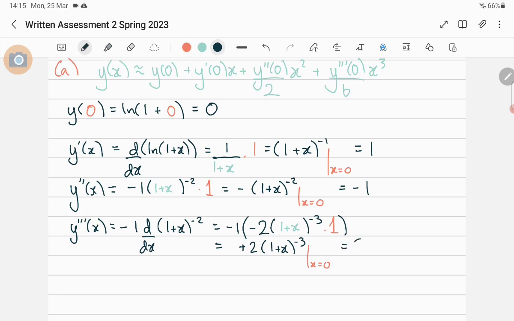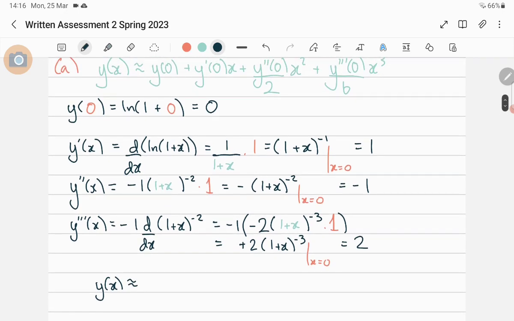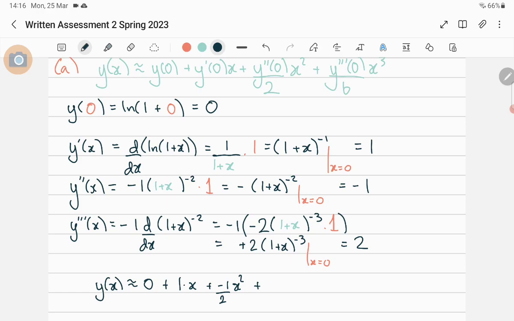So now I'm going to use the formula up the top. So y of x, which is log of 1 plus x, is approximately y of 0, which is 0, plus the first derivative at 0, which is 1, times x, plus the second derivative at 0, which was minus 1, divided by 2 times x squared, plus finally the third derivative at 0, which is 2 over 6 times x cubed.